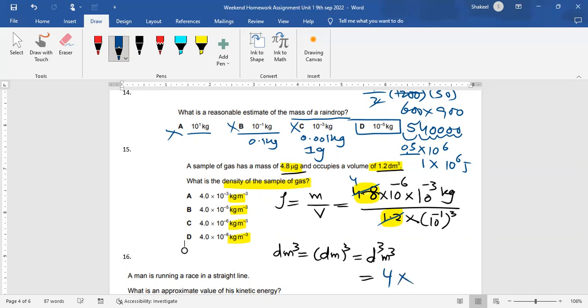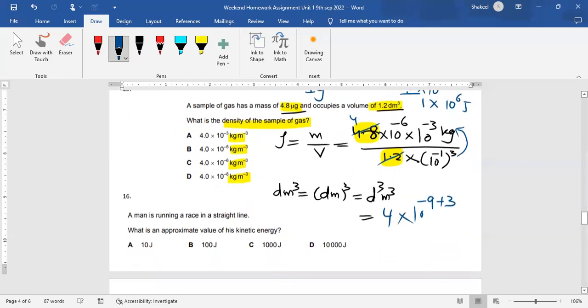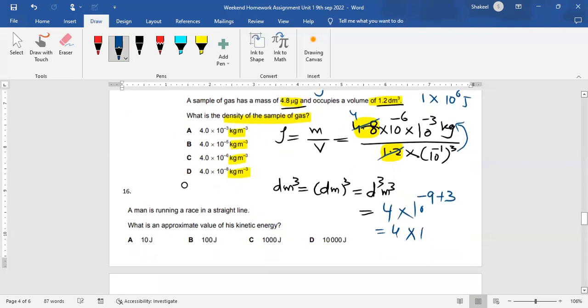And then 10 power minus 6, 10 power minus 3 is 10 power minus 9, and then minus 3 going up, so it is plus 3. So you can say that it is equivalent to 4 into 10 power minus 6 kilogram per meter cube. That's your answer.